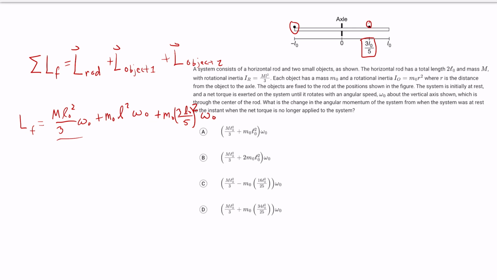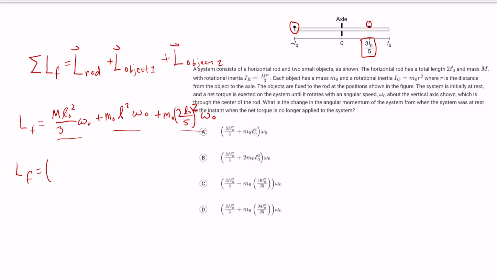So that's just each momentum. This one is the rod, this one is the dot on the left, this one is the dot on the right. From here, we'll have to just do a bit of simplifying, kind of putting things together and factoring out omega. So what I'm going to be left with here is something like this.